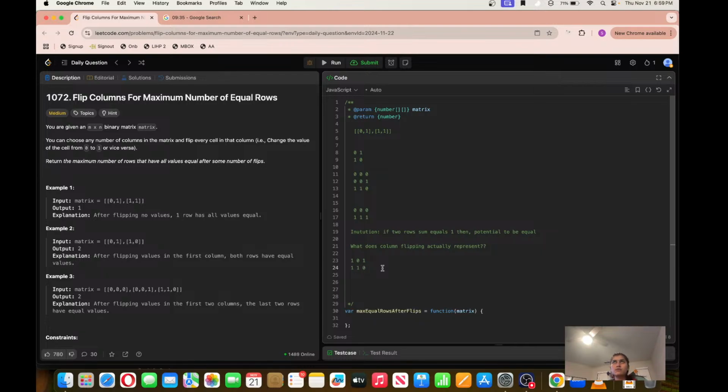If a column can be flipped and rows, so in what case? I'm just trying to think about the scenarios where if I flip a column, then rows would be equal. So 1 0 1, 1 1 0, 0 and 1.